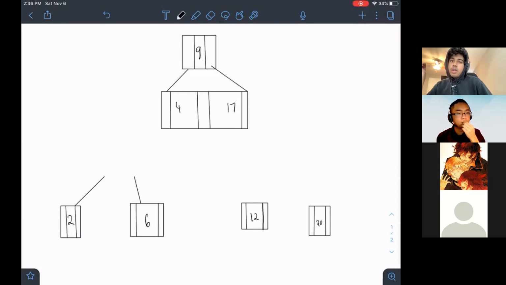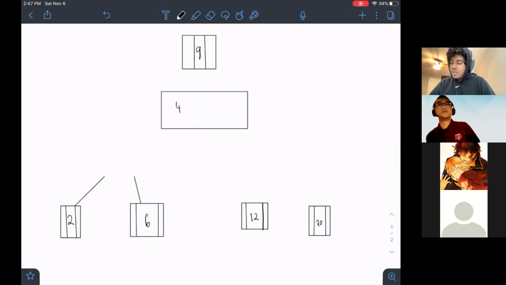So we have 4, 9, 17 if they're the same node. Then 9 would go up. Okay, so it would split the node, I think, right? 9 would go up. Oh wait, because when it splits, 9 goes up, so 4 and 17 would be split. So it should just be single nodes. Okay, yeah, we had it right initially, so I'm just going to rewind a bunch of times here.